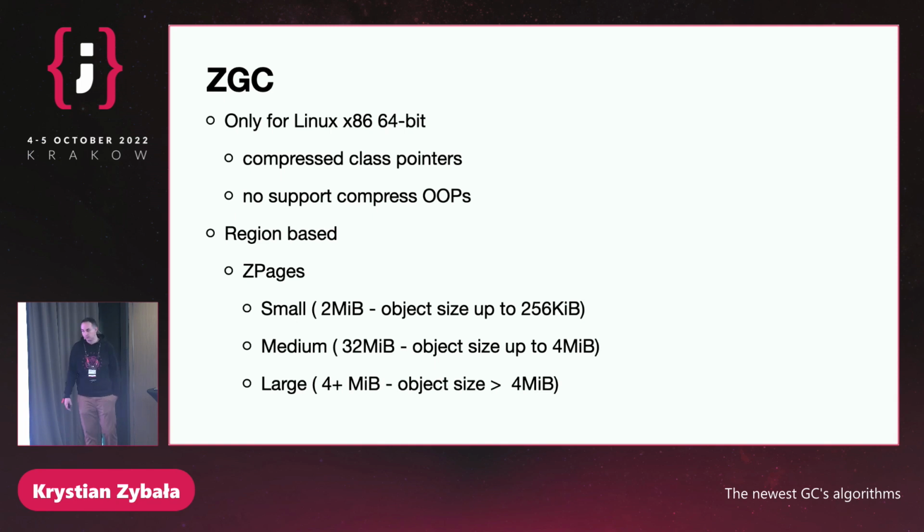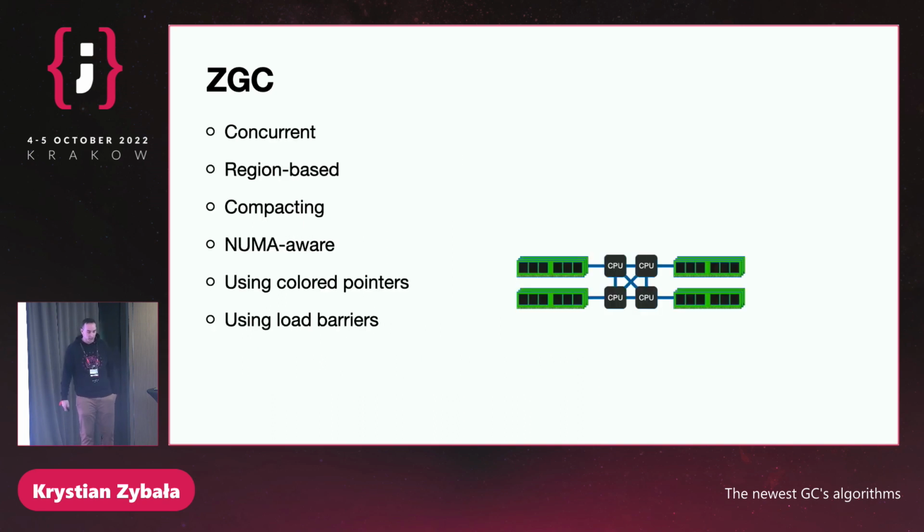It means that, for example, when we allocate a huge array, this huge array will be allocated in a large Z page. It's a very crucial improvement because ZGC can apply a different approach to cleaning these pages. Okay, ZGC is concurrent, region-based, and compacting. What is more important is that it is NUMA aware.